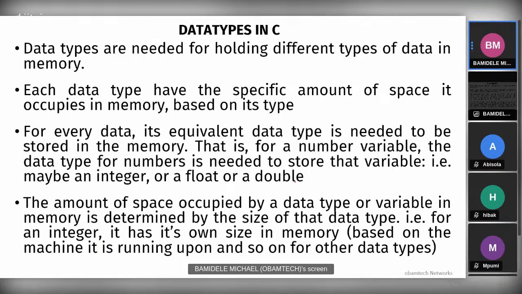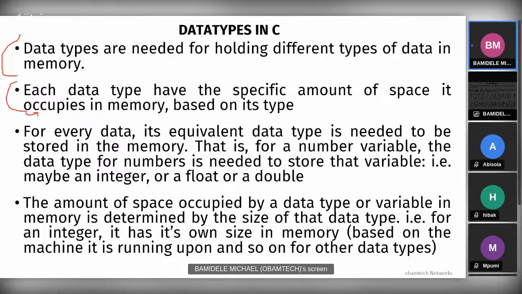So data types, okay, data types are needed for holding different types of value in the computer memory, as we have said over and over again. Each data type has a specific amount of space, and that is the reason why C is very strict with data types, because it must know what you are using that data for so that it can do its own calculation.